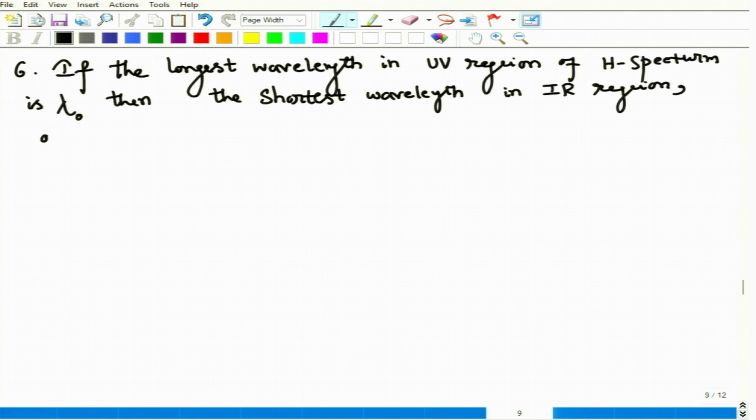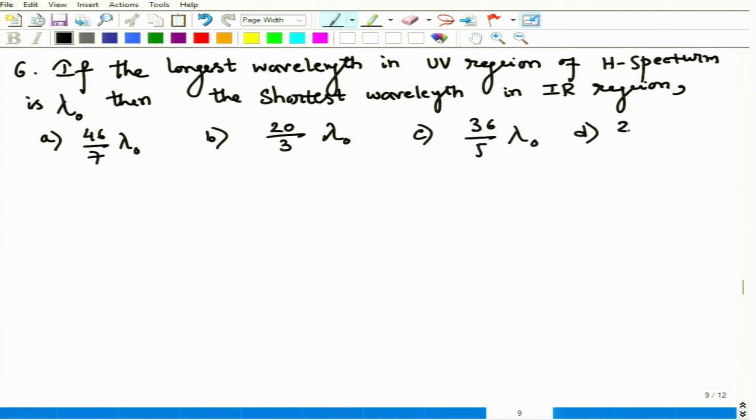Options are 46/7 times lambda naught, 20/3 times of lambda naught, 36/5 times of lambda naught, 27/4 times of lambda naught.